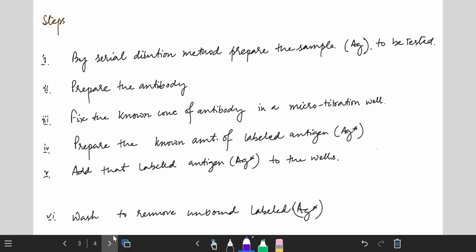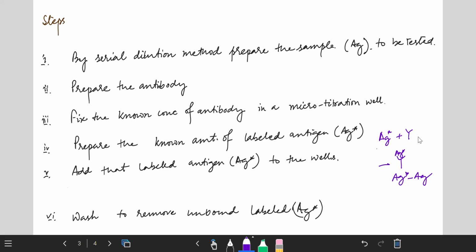After binding, the labeled antigen with that antibody will form a complex. This kind of antigen-antibody complex will be formed, and there will obviously be some excess amount of unbound labeled antigen.